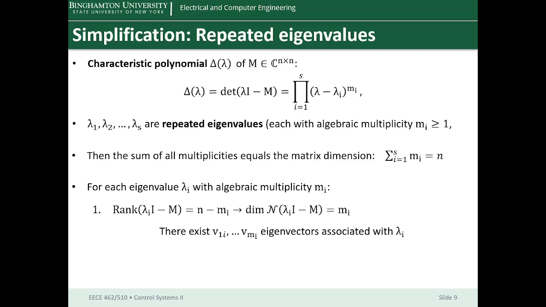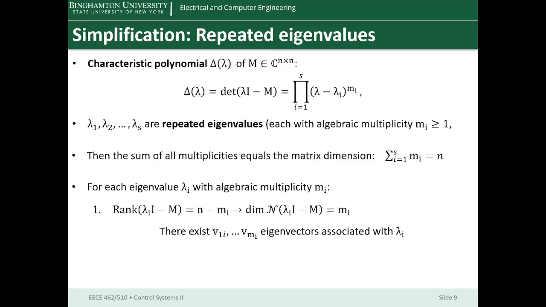So if the eigenvalue appears 3 times, the rank drops by 3 and the null space becomes 3-dimensional. Geometrically, this means that the matrix has 3 independent directions that it simply scales by the same factor, the same eigenvalue.